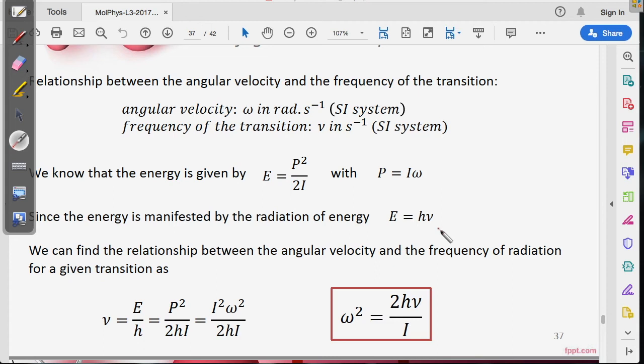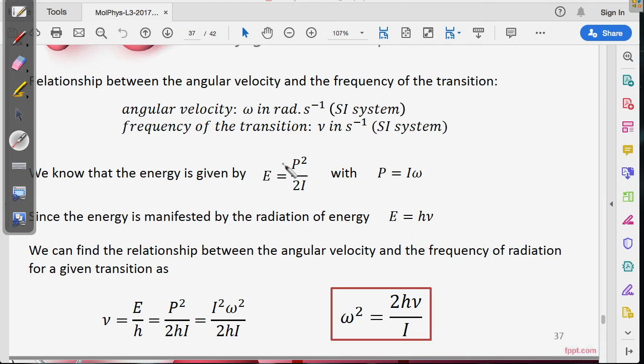It's actually the frequency of the radiation associated to the rotational energy. So that the rotational energy can be written p squared over 2I. Obviously here we're just talking about the rigid rotator case, the first approximation.